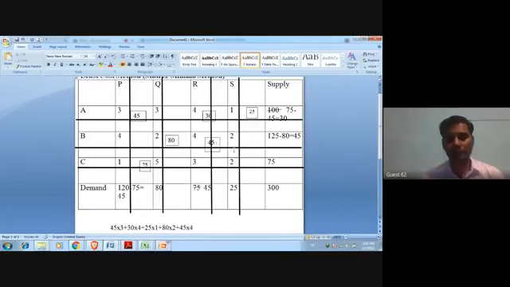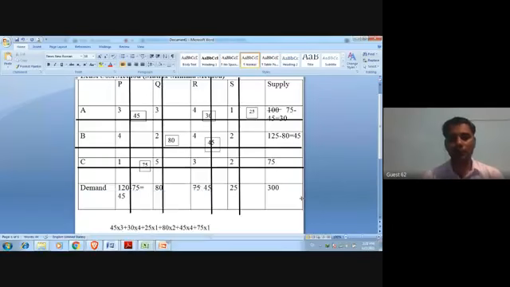Again, anything else? Yes. Warehouse P has 75 units, so we will add 75 units, and the per unit cost for 75 units is 1. So we will multiply by 1. Anything else left?